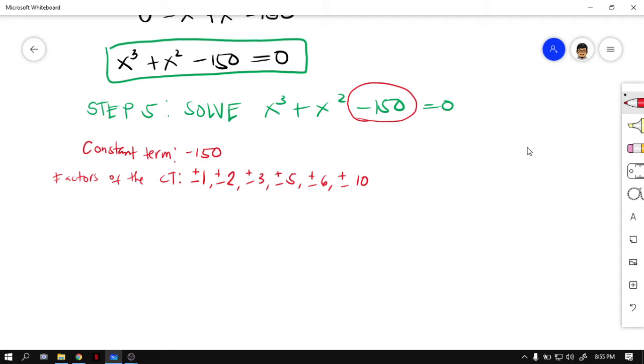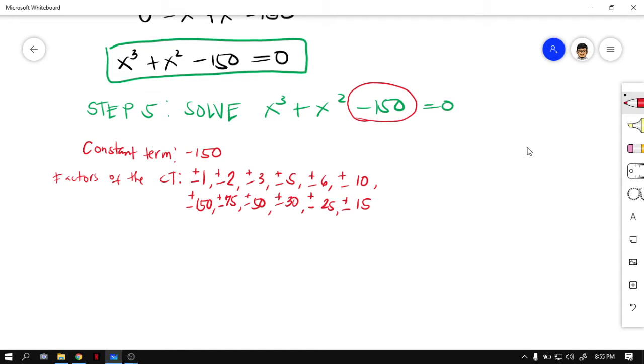Meron pa ba? Okay, partner naman tayo. Positive negative 150, positive and negative 75, positive and negative 50, positive and negative 30, positive and negative 25, and positive and negative 15.